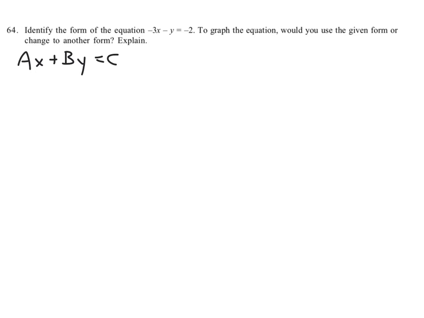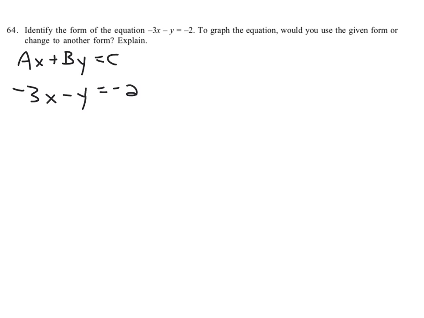Okay. Now there are ways that you can do it in the given form. There's a way that you can use standard form, and let me rewrite it here: negative 3x minus y equals negative 2. I've shown you this.